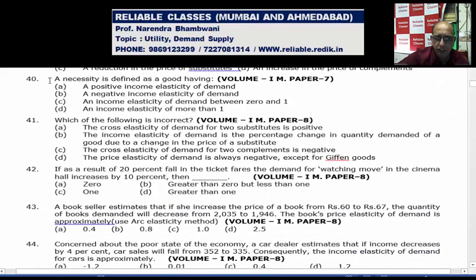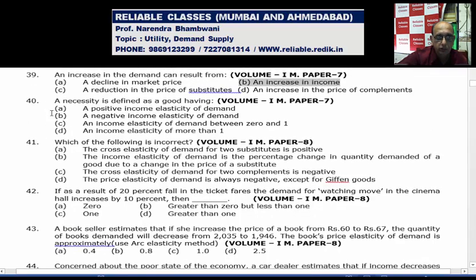A necessity is defined as a good that has positive income elasticity of demand, has negative income elasticity of demand, or has income elasticity between 0 and 1. See here, in case of necessity, the demand is relatively inelastic.